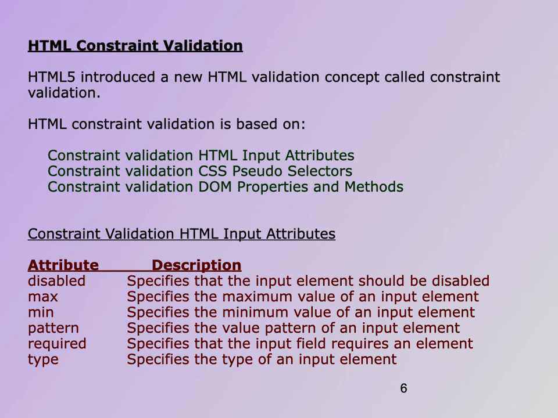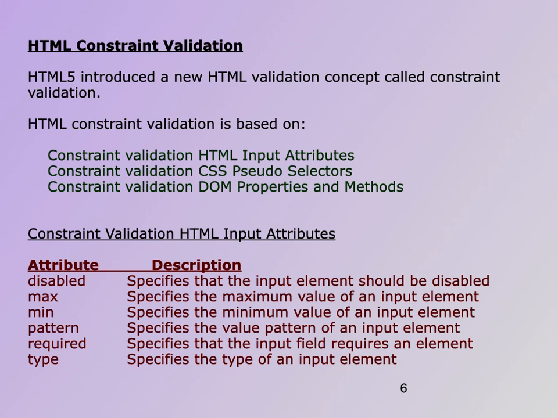See, there are 6 different attributes given here. The attributes are disabled, max, min, pattern, required, type. The disabled attribute specifies the input element should be disabled. Max attribute specifies the maximum value of an input element, and the min attribute specifies the minimum value of an input element.